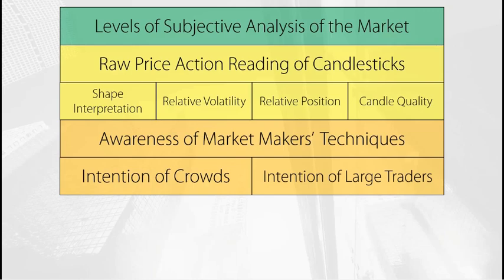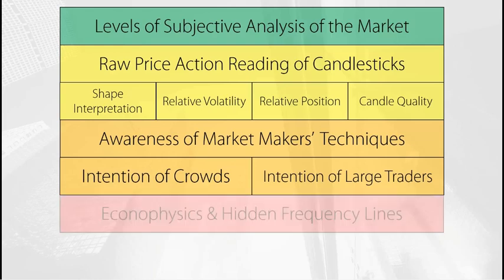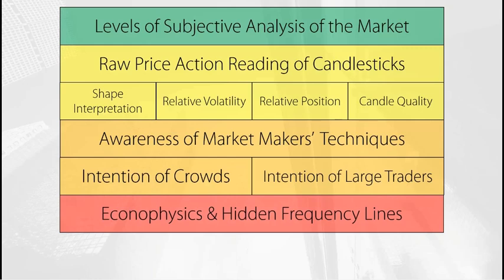The third level of the subjective analysis of the market is a little more complicated, and it involves ideas like econophysics, hidden frequency lines of the market, and observing the unique way in which price behaves around such lines. Econophysics is the realm of science that deals with the intersection between economics and physics.